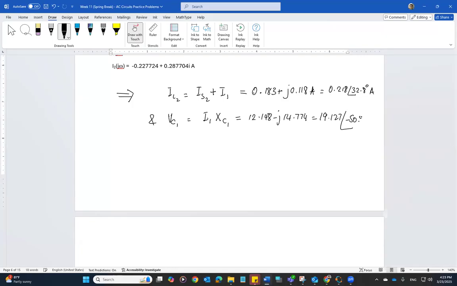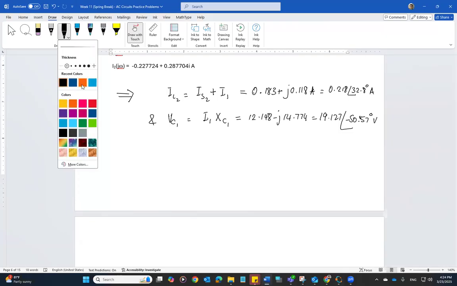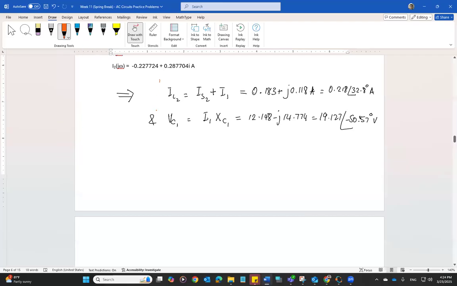You can write down 50.57. So these are my two required quantities.